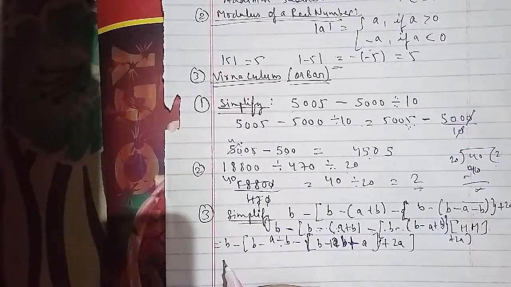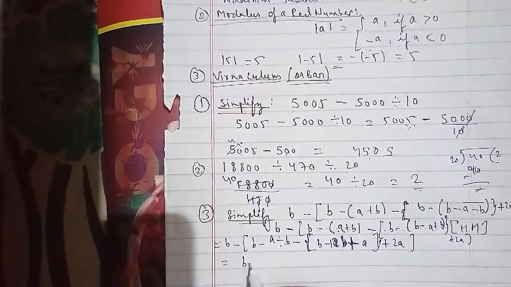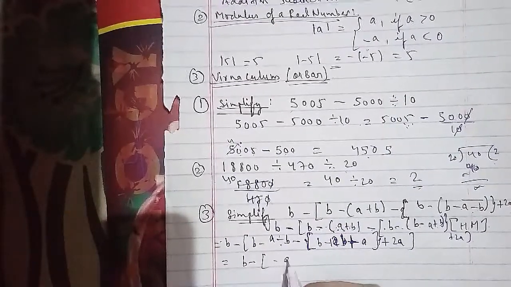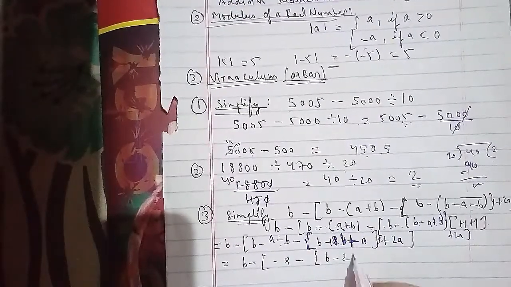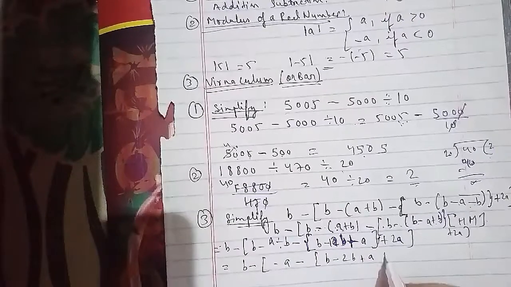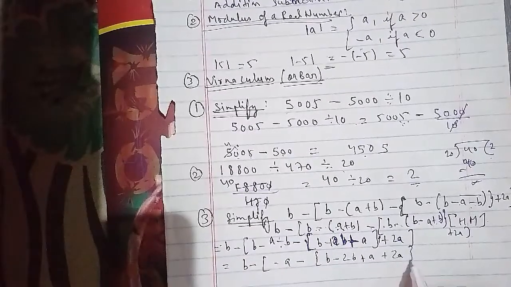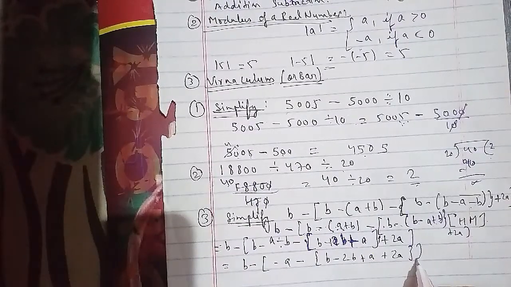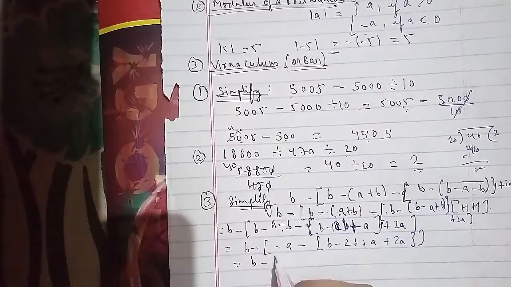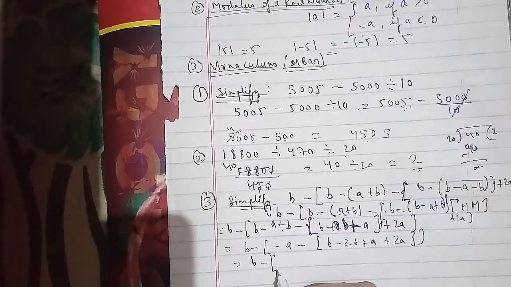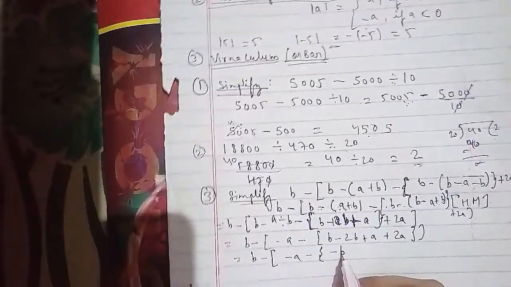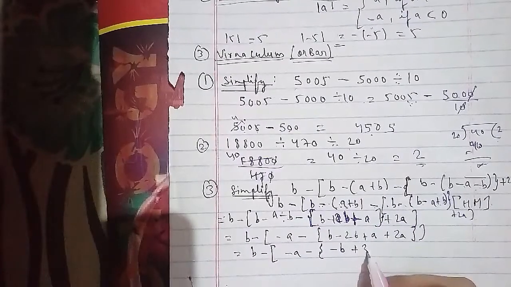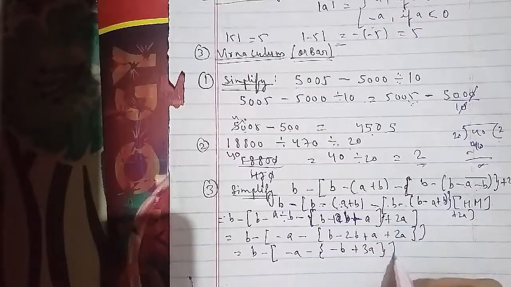Now we solve further: b minus a minus b minus 2b plus a plus 2a in curly bracket, and then b minus, then a long bracket, minus a minus curly bracket, minus b plus 3a, curly bracket and long bracket.